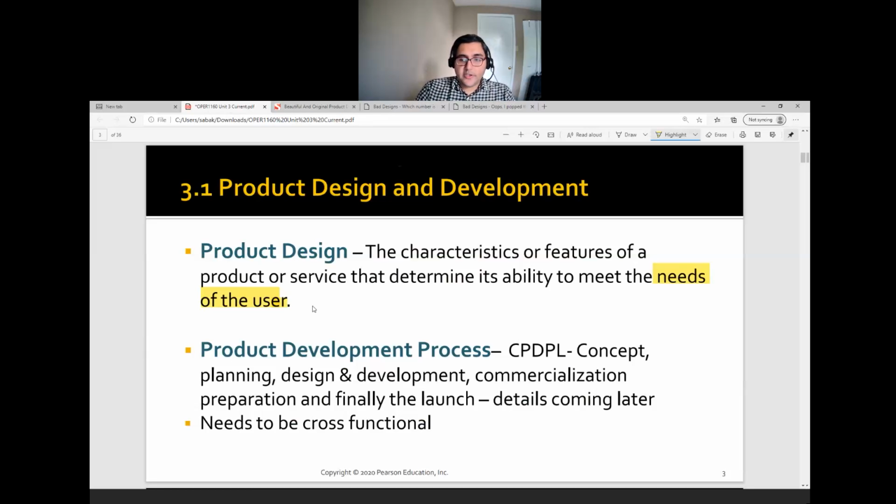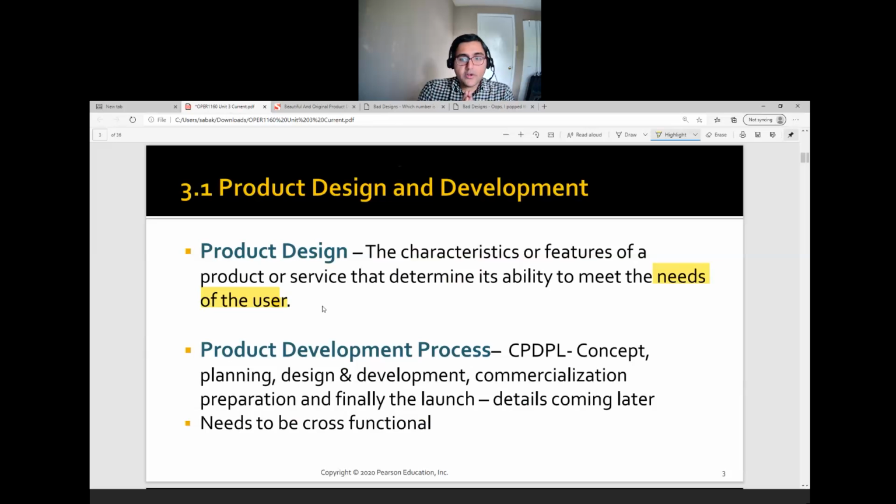It's always important to realize that the first starting point is knowing who is your potential customer and understand what the customer is looking for. If you are coming up with a product or a service which is not relevant to your targeted customer, the chances are very high that it won't be successful in the market. So a product design stage is very, very important.